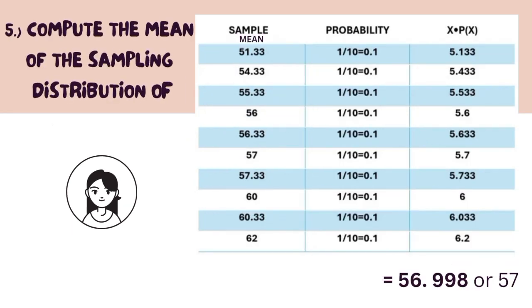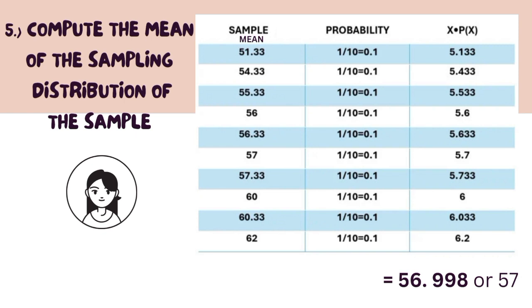Step 5. Compute the mean of the sampling distribution of the sample mean. In order to get the mean of the sampling distribution, we simply multiply the sample mean by the corresponding probability. For example, 51.33 times 0.1 equals 5.133. Repeat the process until the third column is complete. After that, you need to add all the results and get the sum.